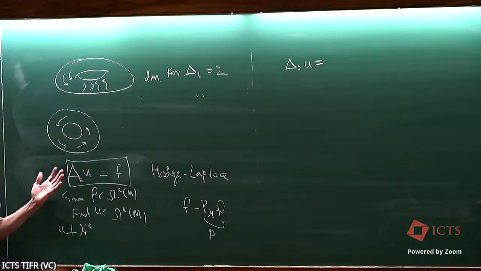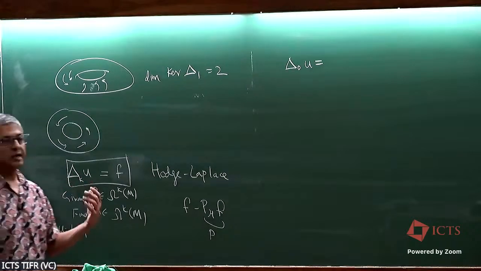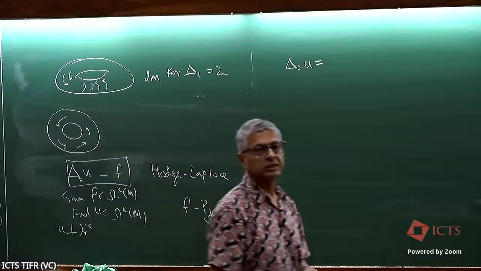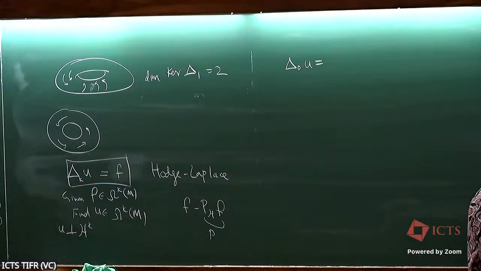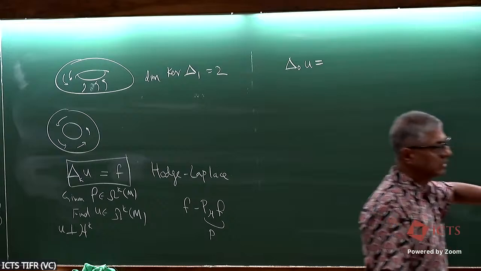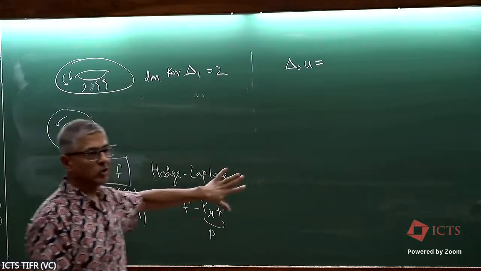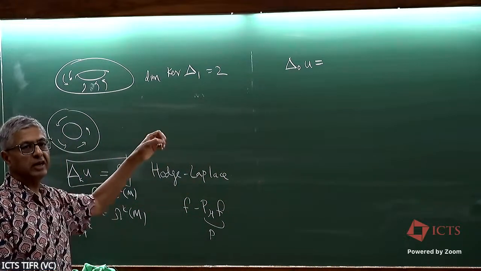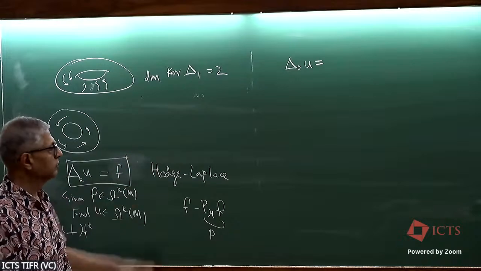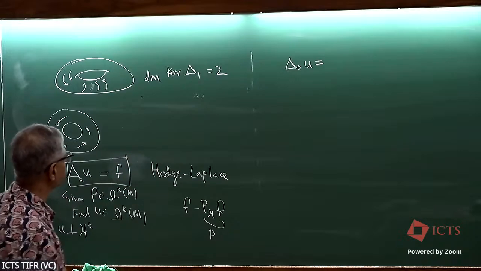Whenever you solve these problems, the first thing you need is a basis for the kernel of the Laplacian. And for the ordinary Laplacian, the kernel is one-dimensional, and you get solutions up to constants. So you just fix at a vertex some number and solve the rest.